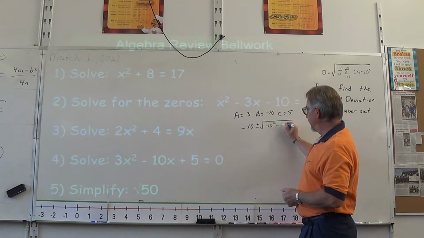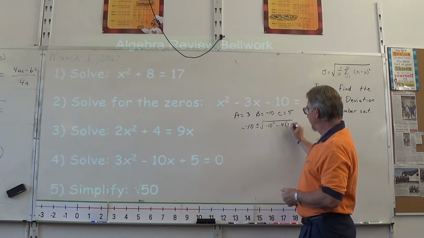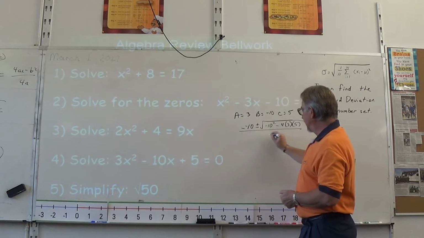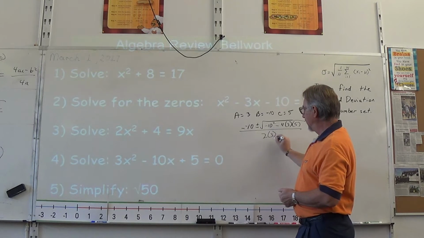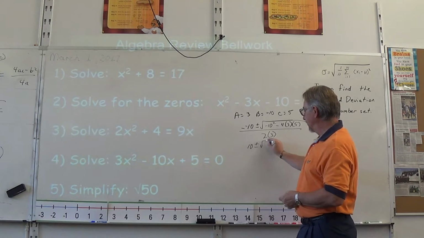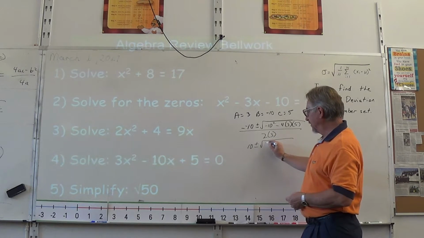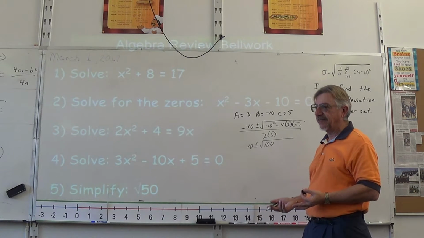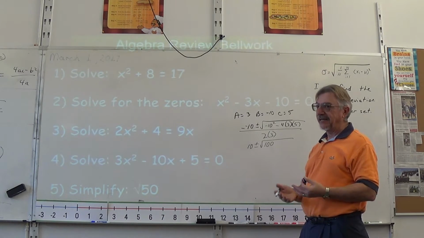Okay, so -10 squared minus 4 times 3 times 5, divided by 2 times 3. So now it's 10 plus or minus the square root of... -10 squared is 100. Remember, if you're using your calculator and you put in -10 squared, you're going to get -100.